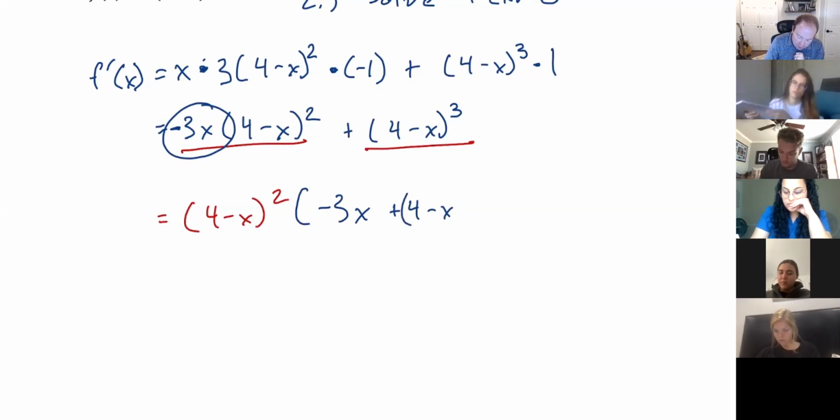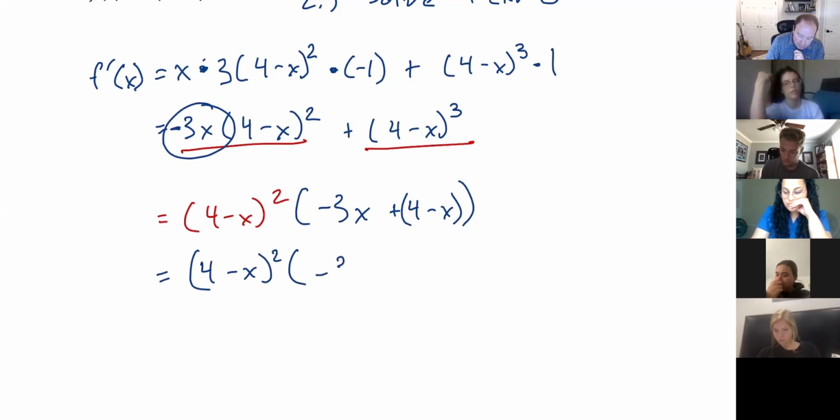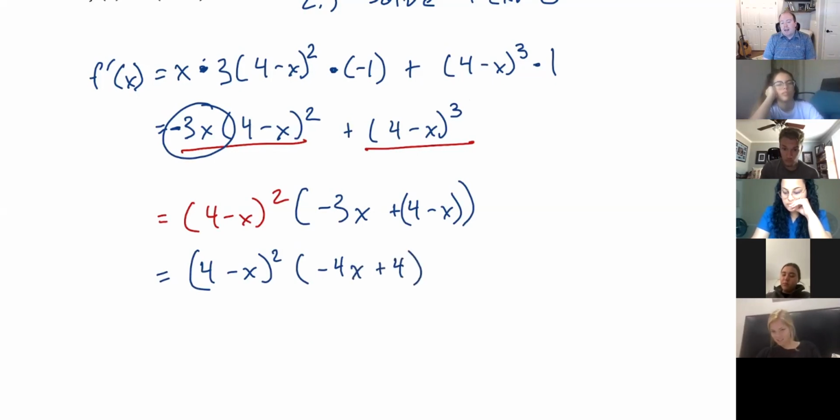That's all that's left here, because the other 2 got factored out. Clean that up. You have 4 minus x squared, and then you would have minus 4x plus 4. And that is much easier to solve for x.